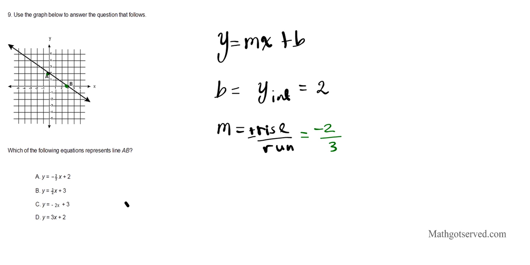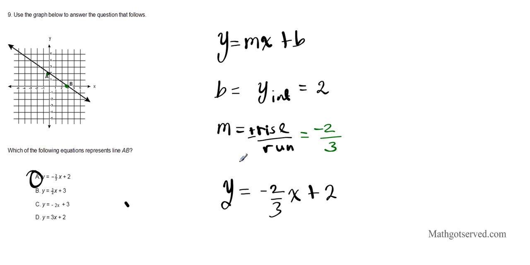So your run is 3. Okay, so your slope is negative 2 over 3. So now I have my slope and my y-intercept, I can put them together. y is equal to negative 2 over 3 x, which is m, plus your b, which is 2. Okay? So this matches with option letter A.